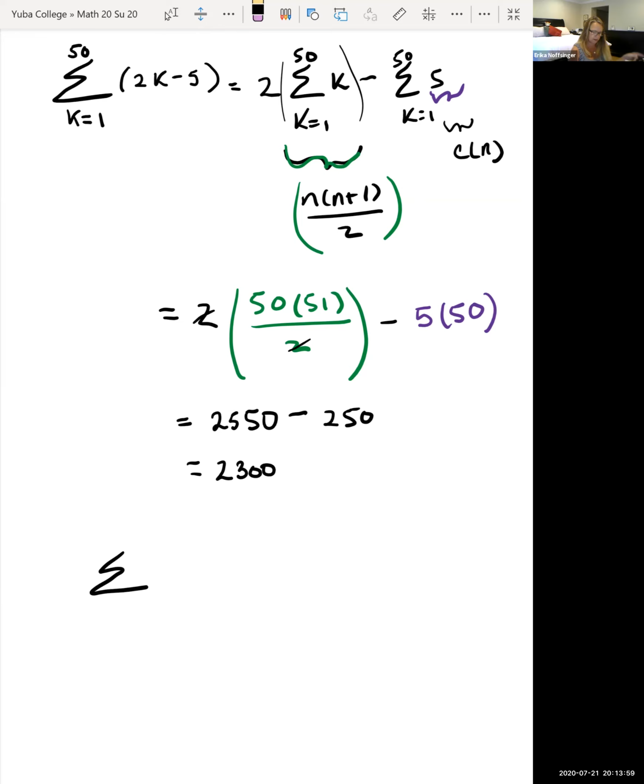The summation from k equals 1 to n of a sub k is equal to n over 2 times the quantity a sub 1 plus a sub n.